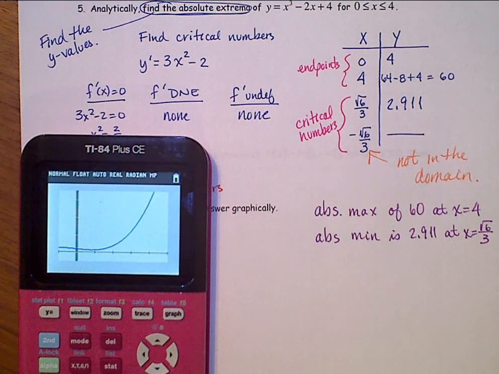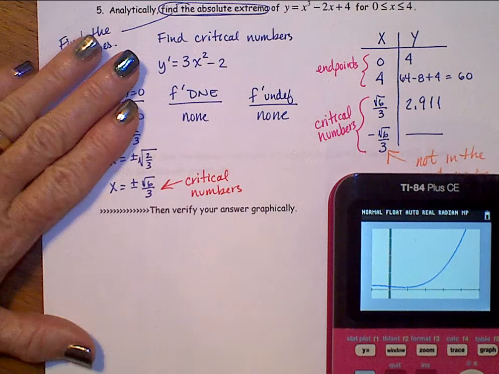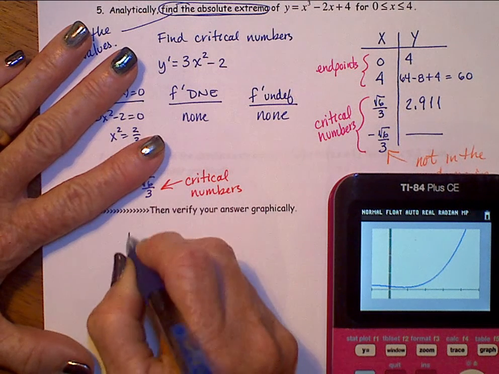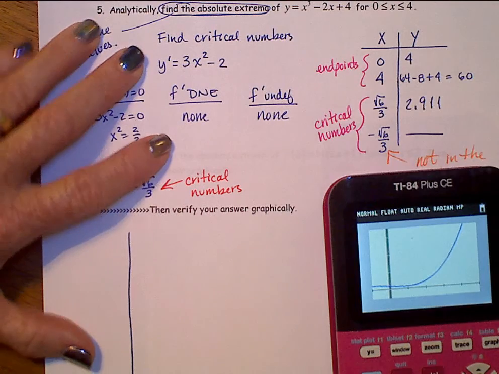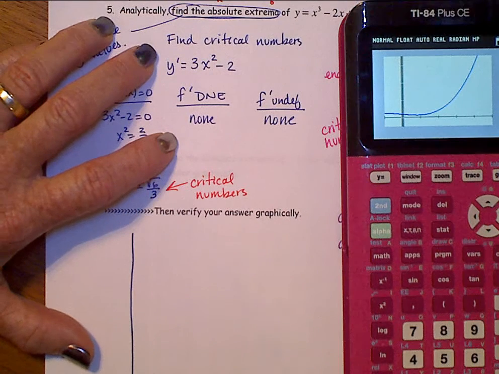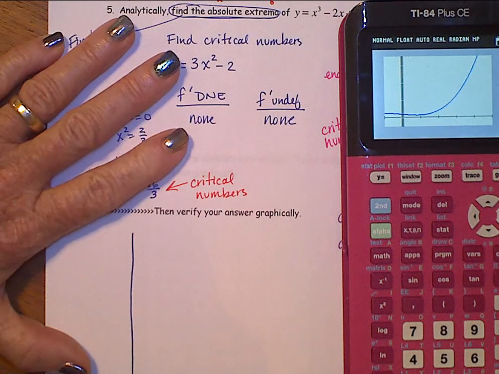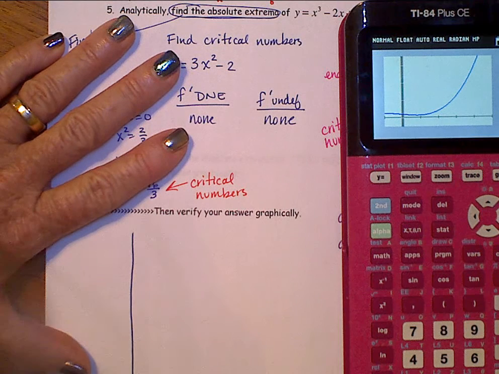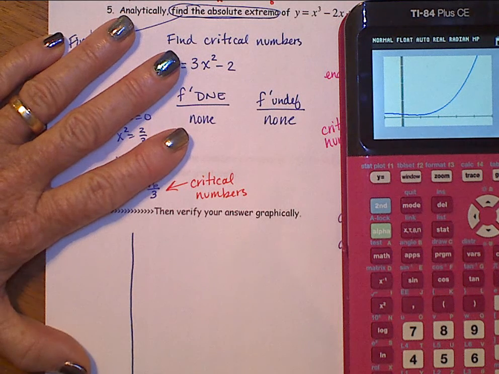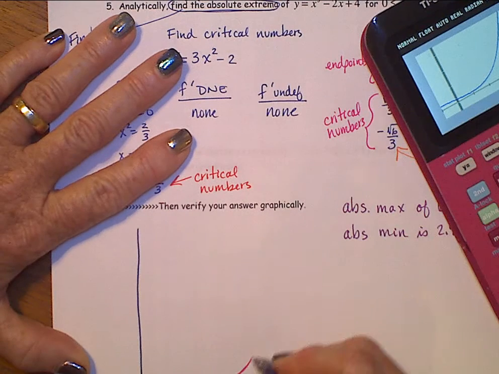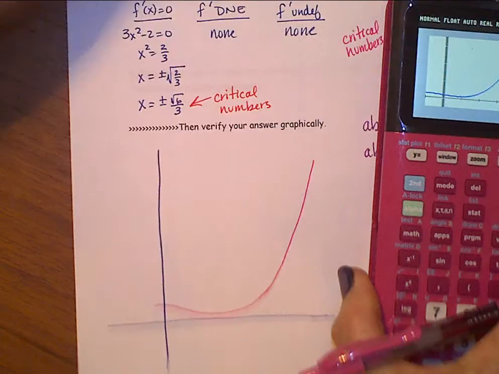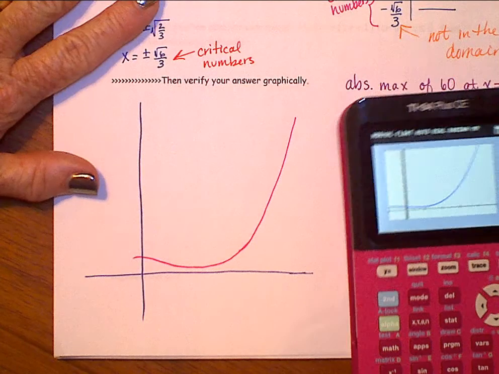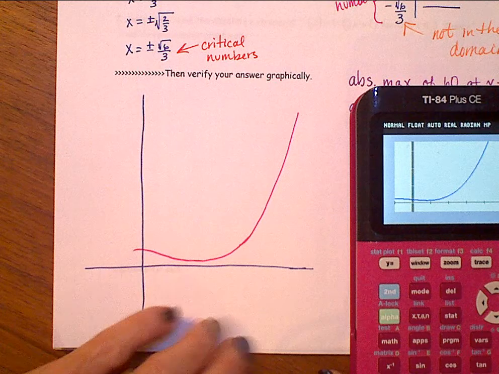All right, let's go ahead and copy that graph onto paper. Doesn't have to be perfect, just reasonably close. Okay. All right, now let's just go through and identify a few important points.